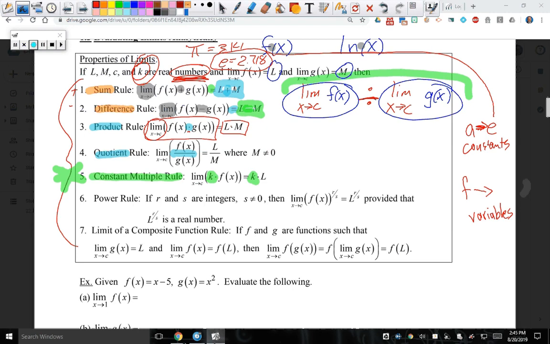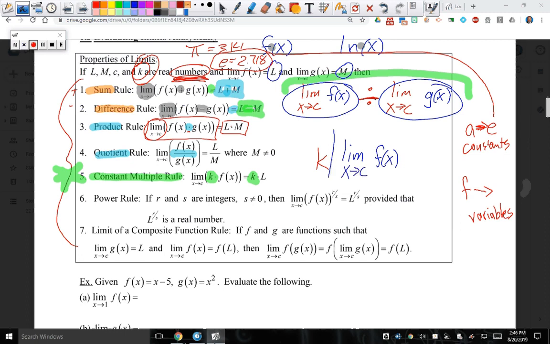So the constant multiple rule is this, guys. If there is a constant multiplying a function, imagine this constant is my phone. I can pull the constant out and put it way over here, let's say near the door. Now that I pulled the constant out, I can evaluate everything else.